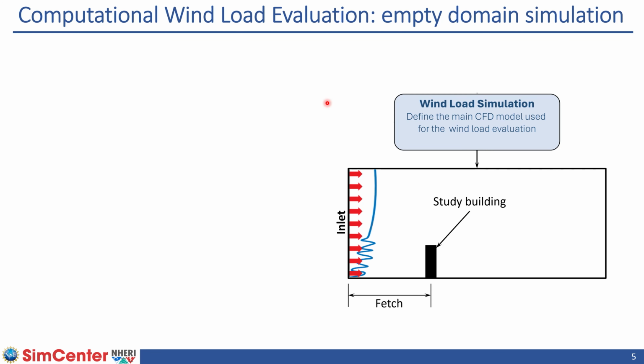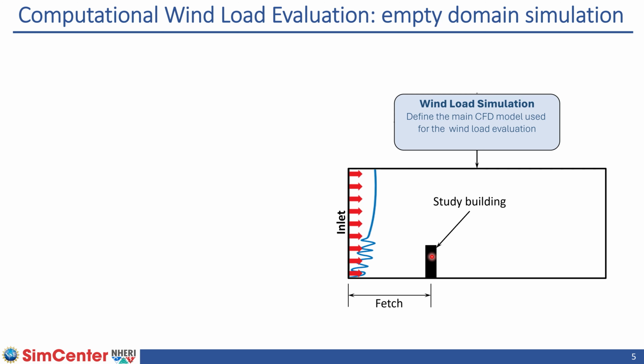All right, now let's look a little bit closer into the process of modeling wind effects on buildings using computational fluid dynamics. Suppose that you have a tall building, very simple geometry, as you see here, and you want to evaluate wind load on this building using CFD.